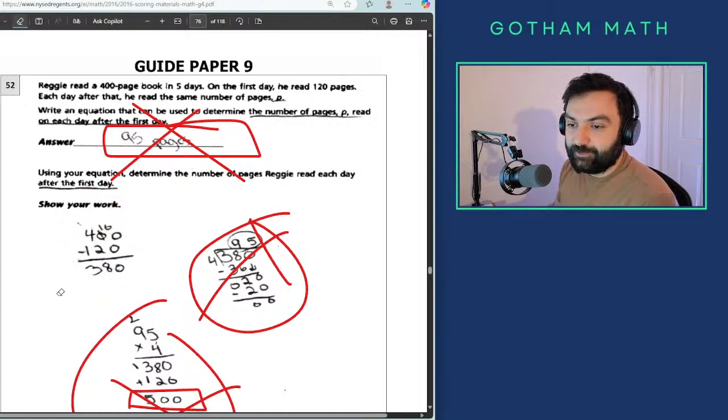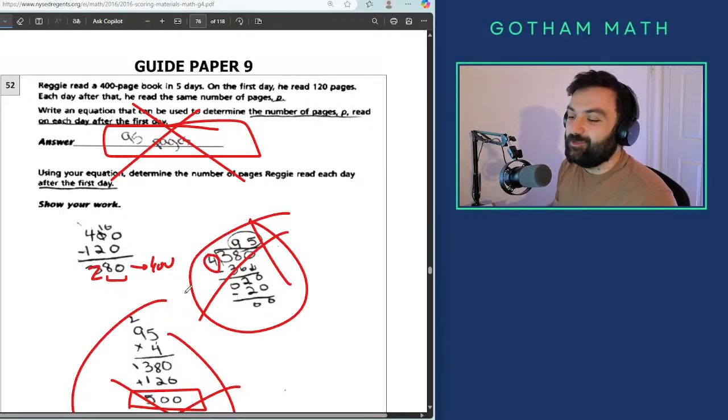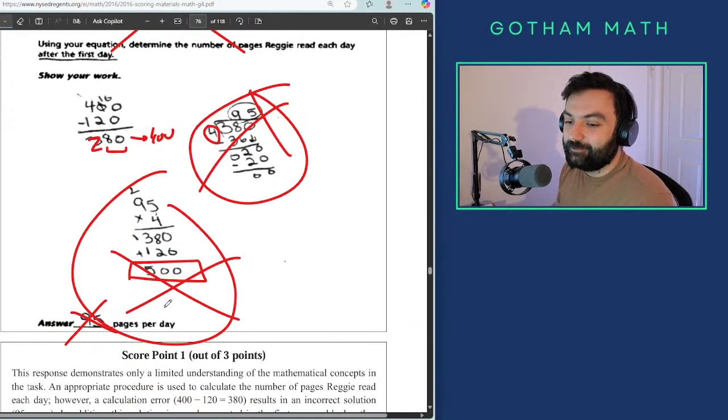Well, the math is here. Look, how can you subtract 120 from 400 and get 380? 380 is literally 20 units away from 400, right? So it was supposed to be 280. And then 380 divided by 4. So it's like one on top of another. But I don't know, probably for the effort.